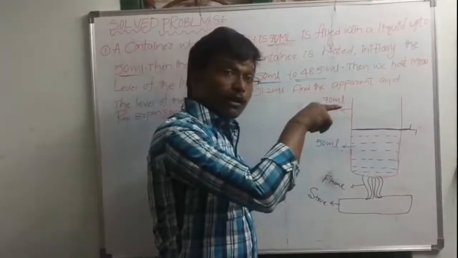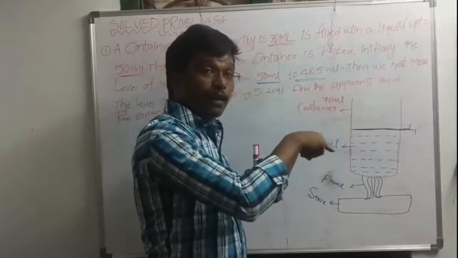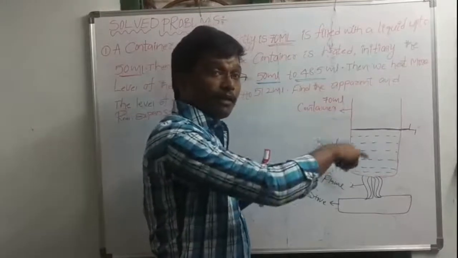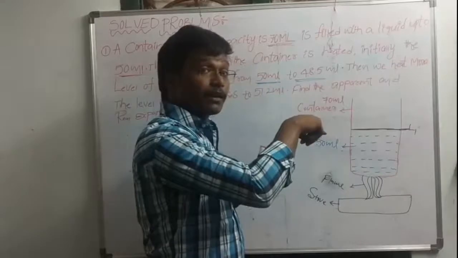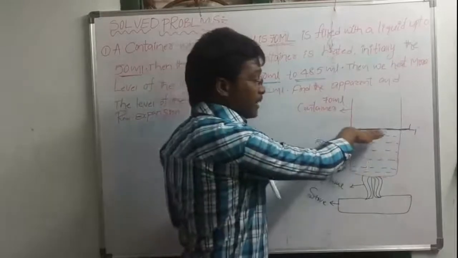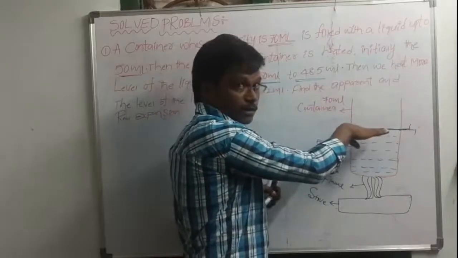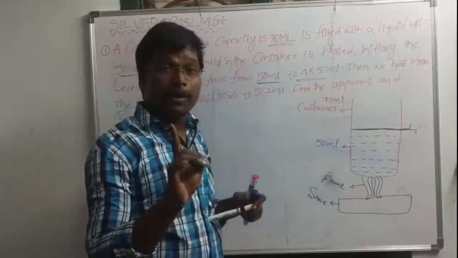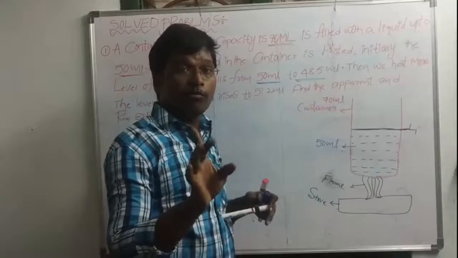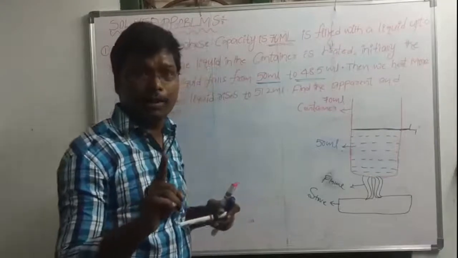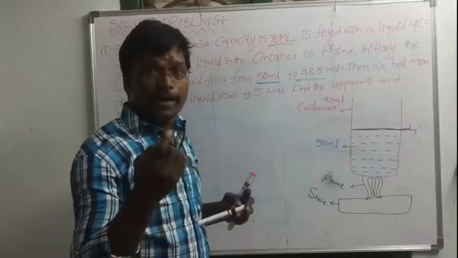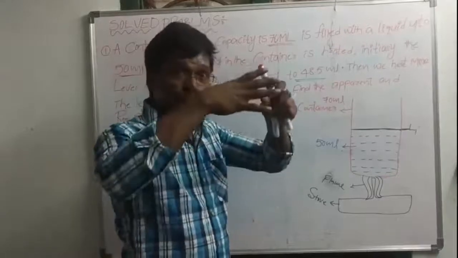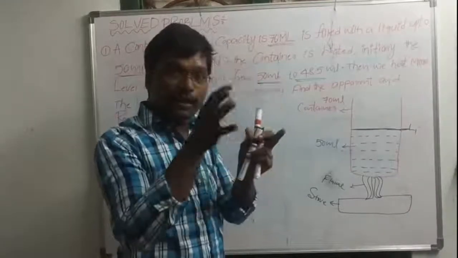Whenever you are applying heat on the container, whenever you are giving heat to the container, what will happen? This liquid level will fall. I already explained one experiment to prove real expansion and apparent expansion. We took one container, that container having liquid.